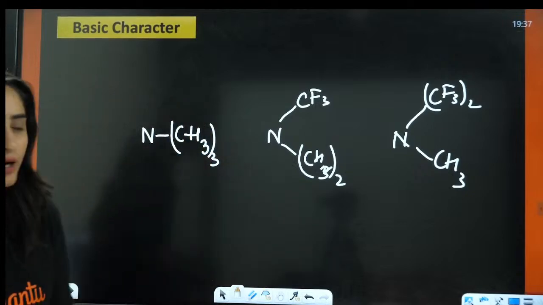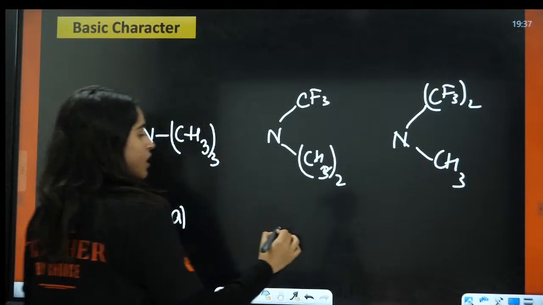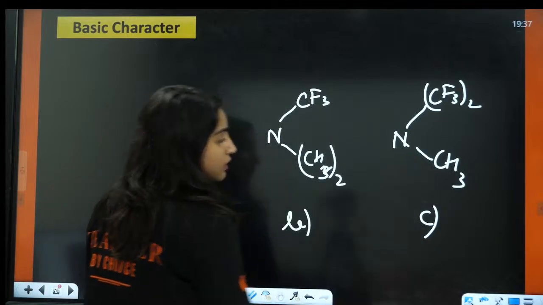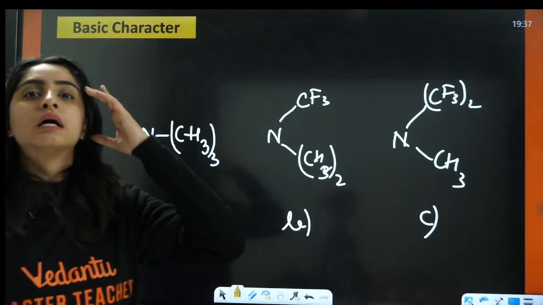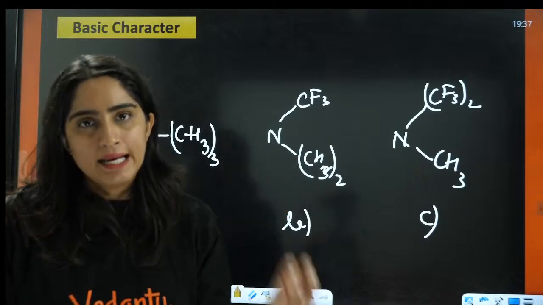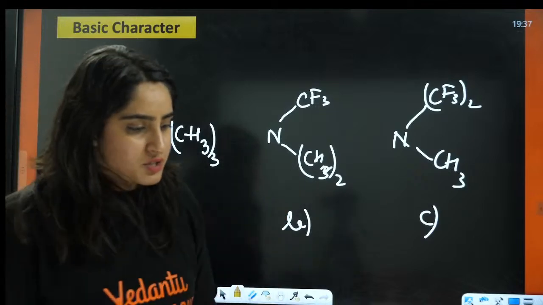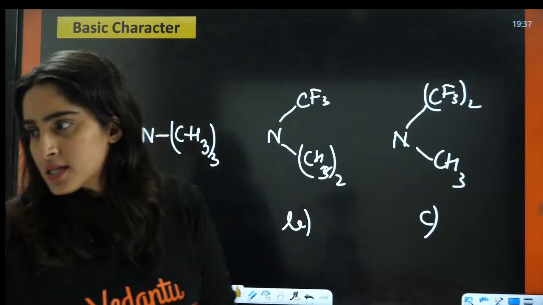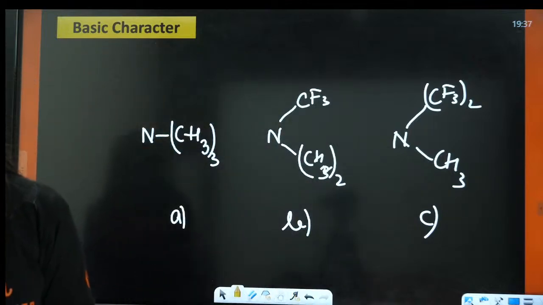What is the order of basic strength? These questions will be asked in the exam, also from organic compounds containing nitrogen. Now can you please tell me what is the right answer to this?